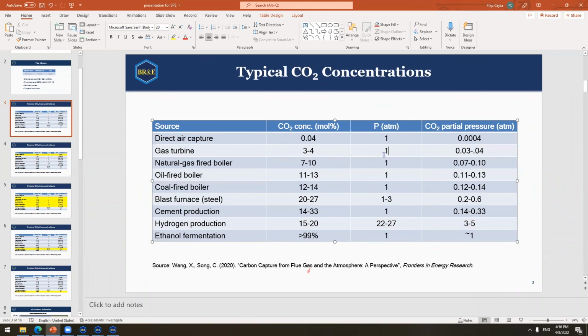So currently the hydrogen production and the CO2 capture from hydrogen production would be what I think is the most economically viable option. But I also heard about some coal-fired boilers in Texas. They built this huge carbon capture plant for that, and it was running for some time.